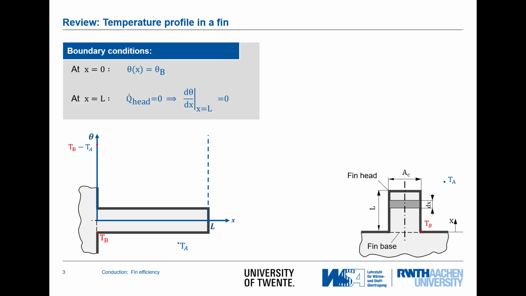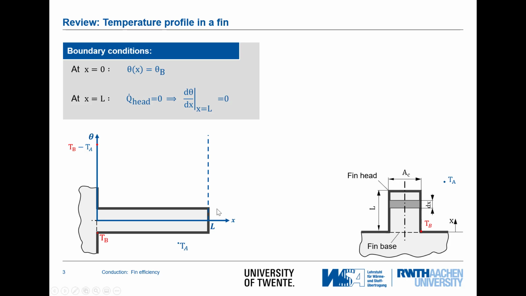So let's go back and review the temperature profile in a fin. We looked in the last video at two classical boundary conditions for the fin type problem. At x equal to 0, at the fin base, we have a prescribed temperature T bottom, which we can rewrite using a reference temperature of TA as theta at the location x equal to theta bottom.